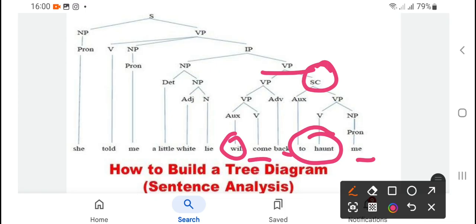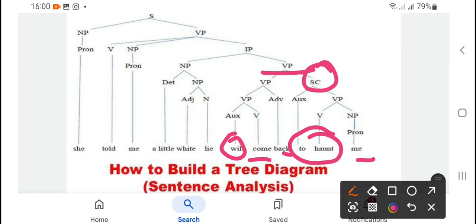That is noun phrase, right? Now, will come back to haunt me. So that will come back is a verbal phrase. Will is auxiliary. Come back, that is verb and adverb. Back is adverb of place, right?